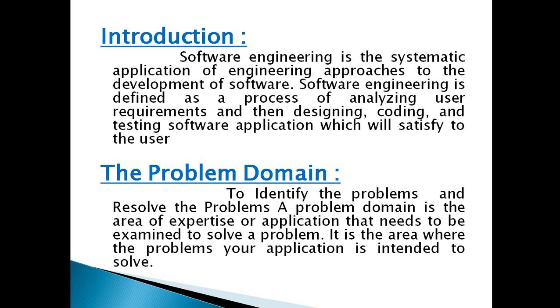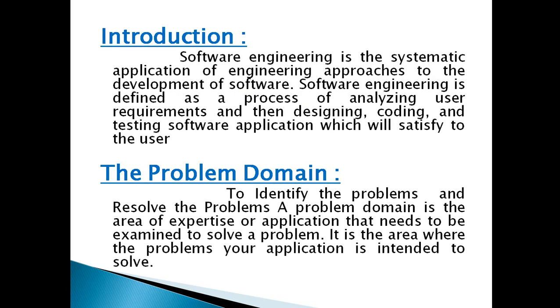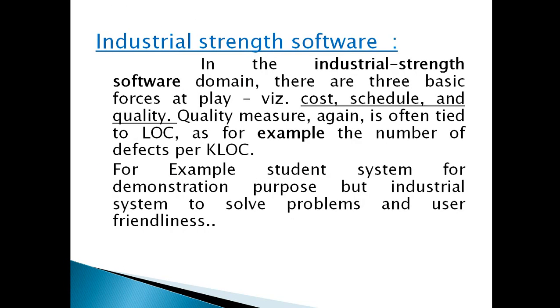It is clearly explained that the problem domain is used to identify the problem and resolve this problem. Here, what types of problems may occur? They are industrial instance software, software expensive, unreliable, and maintenance and rework. It can be classified into four types.